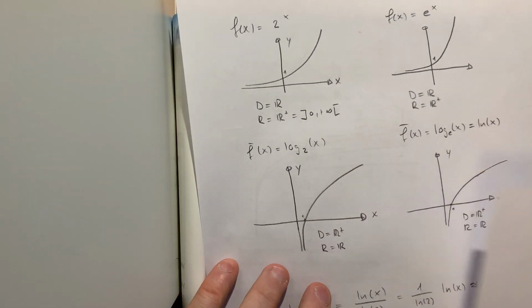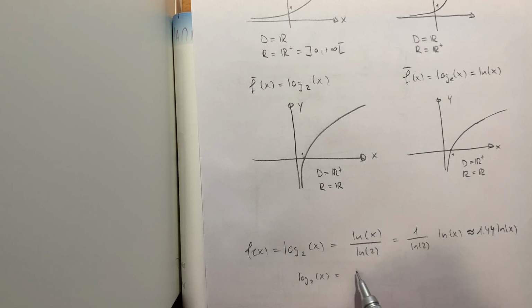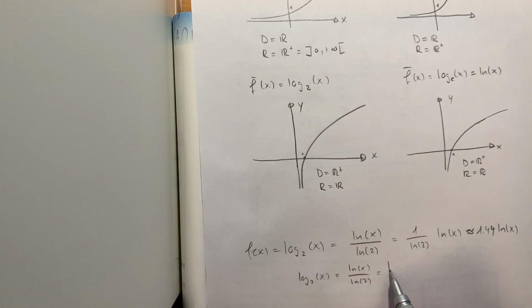Look, you could write log to the base of 2 of x like ln of x over ln of 2. That's the change of base rule. So log to the base of 2 of x is ln x over ln 2, or log x over log 2.